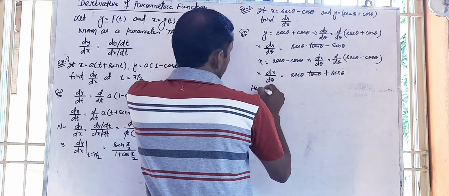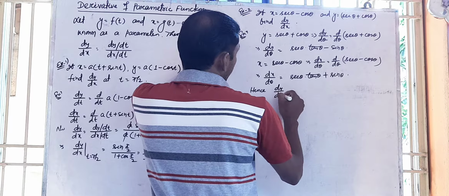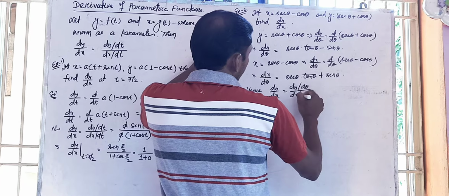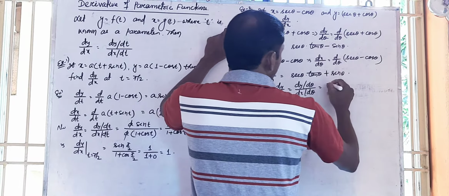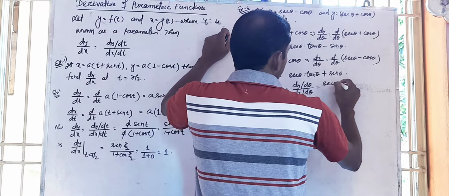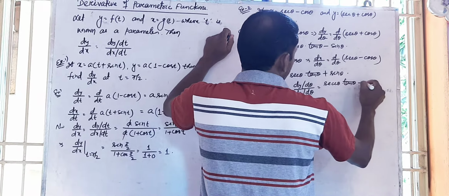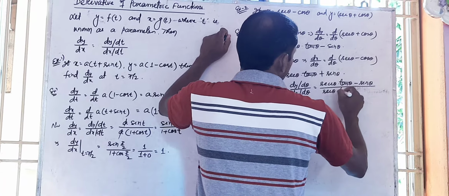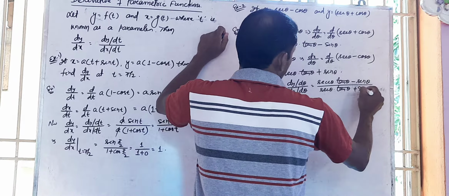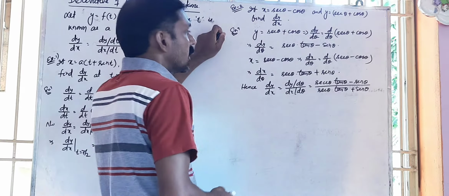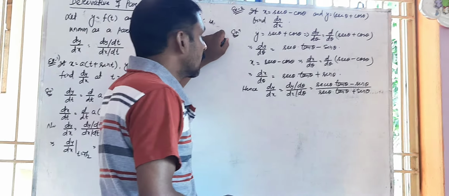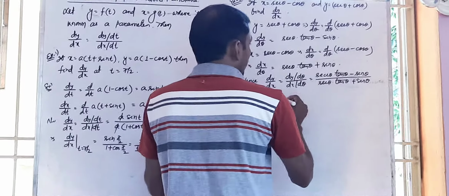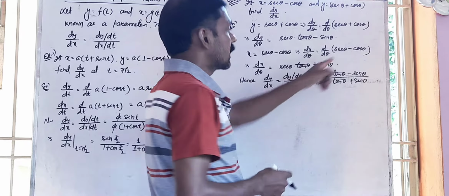And dy by dx is dy by d theta by dx by d theta. So here dy by d theta is sec theta tan theta minus sin theta, by sec theta tan theta plus sin theta. Now here you can take common: tan is sin by cos.